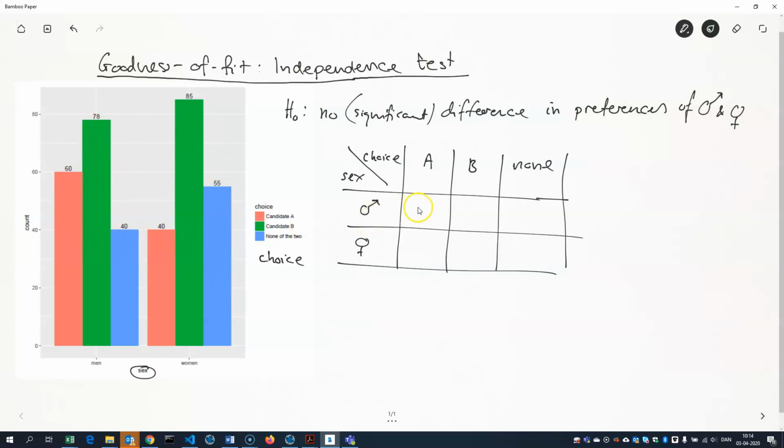If you're a man, it turns out that 60 of the interviewed persons would prefer candidate A, 78 preferred candidate B, and 40 preferred none. And for the women, the numbers are 40, 85, and 55. Okay, so what we will do now is compute the totals.